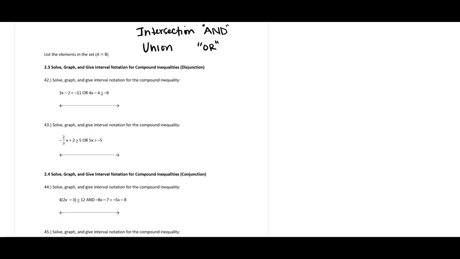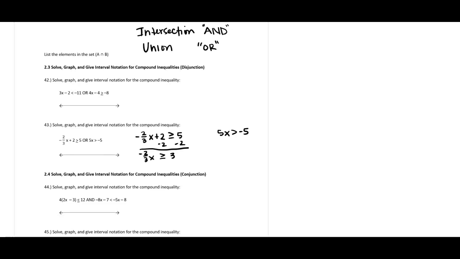All right, so we're going to solve these two things separate from each other. It's like we have two separate things that we're solving, right? So here I'm going to subtract my 2 over. So I get negative 2/3 x is greater than or equal to 3.